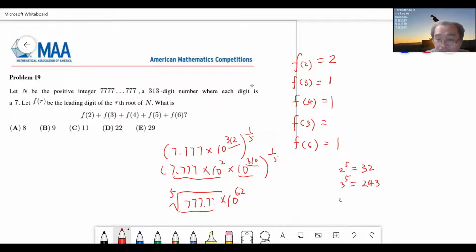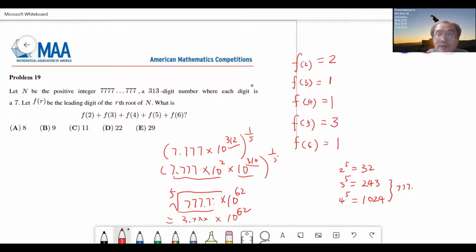Then we have 4 to the power 5, which is 1024. Right. So this is 777. So that's between these two numbers. Right. So this tells us the 5th root is equal to 3 point something something something times 10 to the power 62. So this also tells us the leading digit of this number is 3.